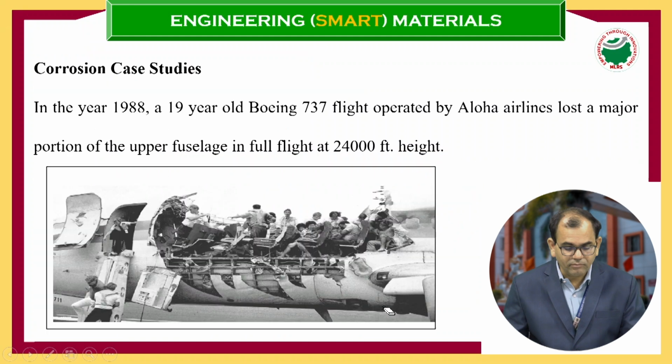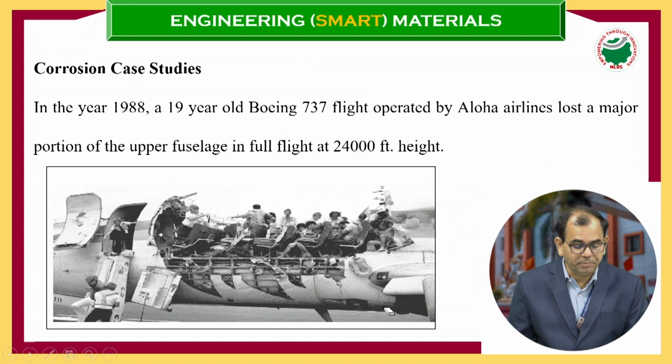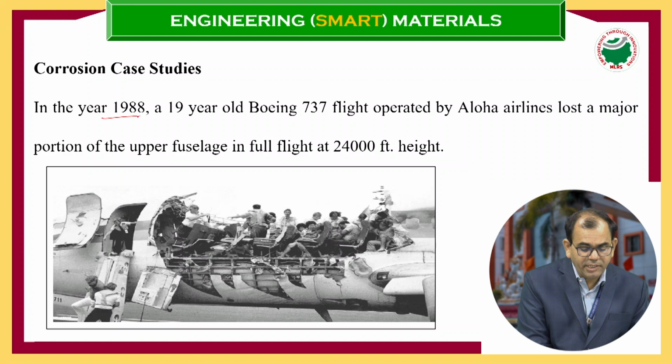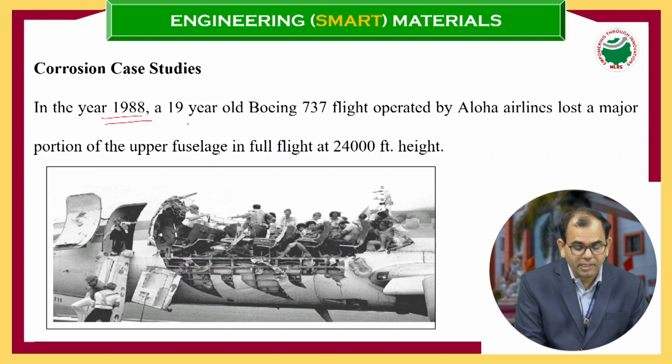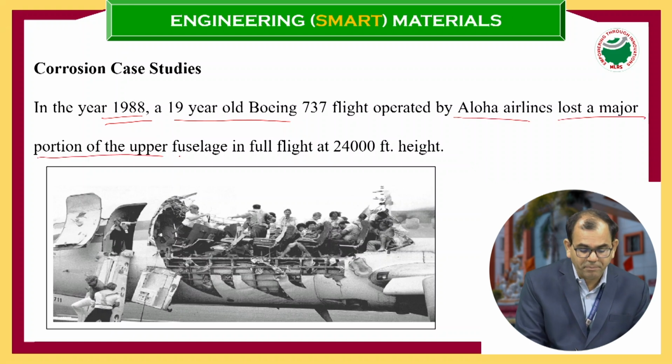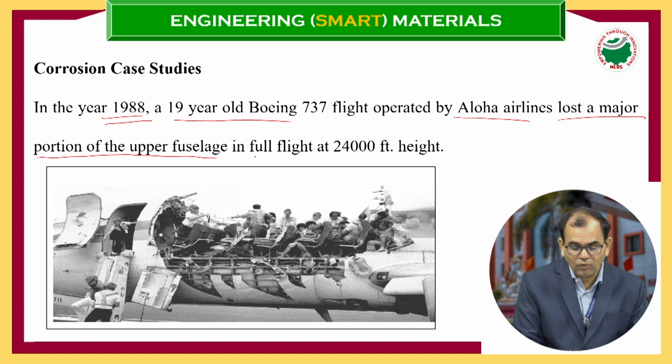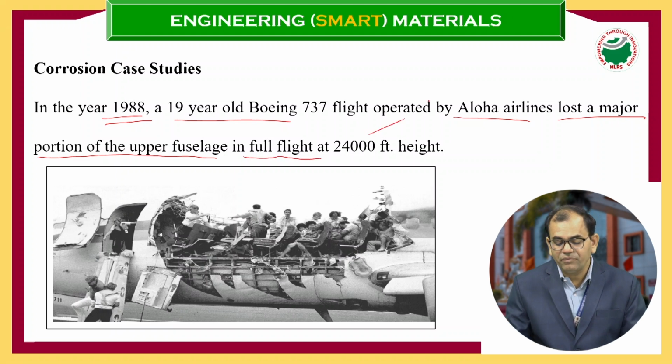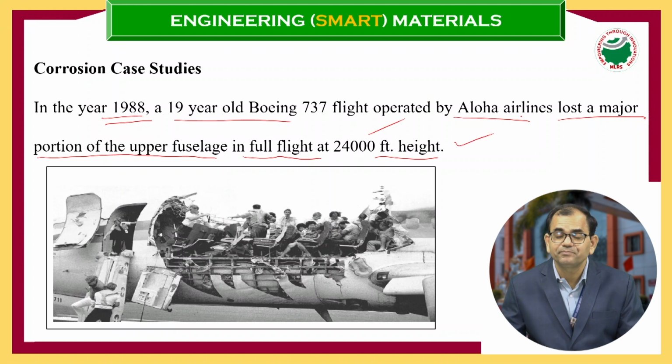Now, here we can see a story. In the year 1988, a 19-year-old Boeing flight operated by Aloha Airlines lost a major portion of its upper fuselage in flight, flying at 24,000 feet. Why? What could be the reason?